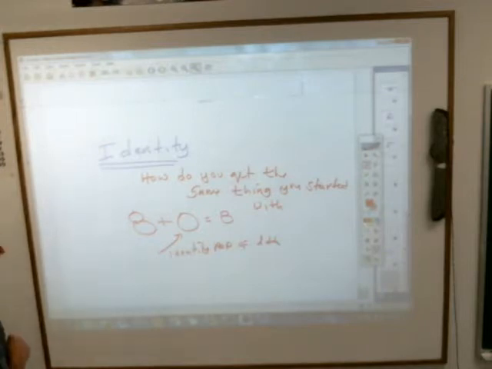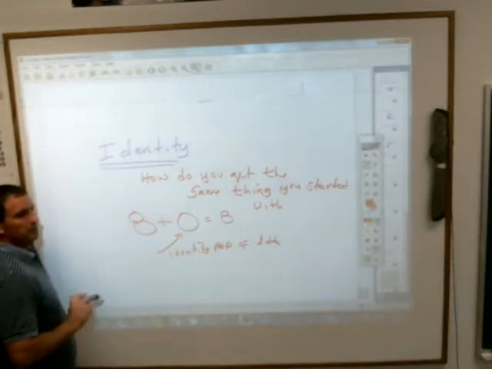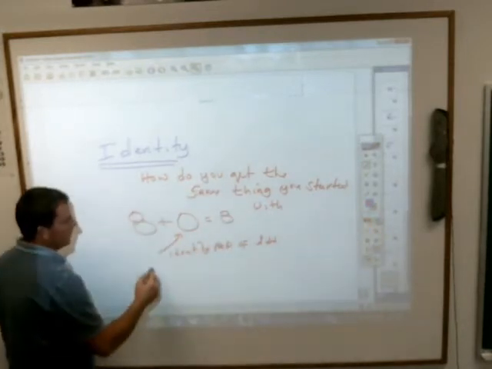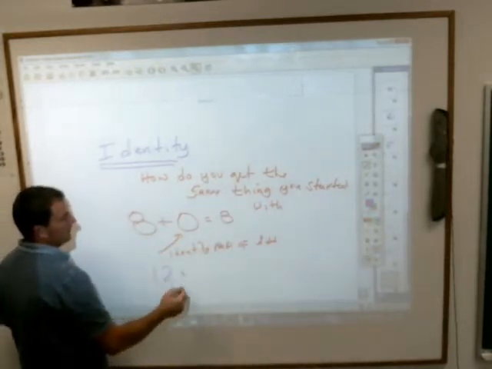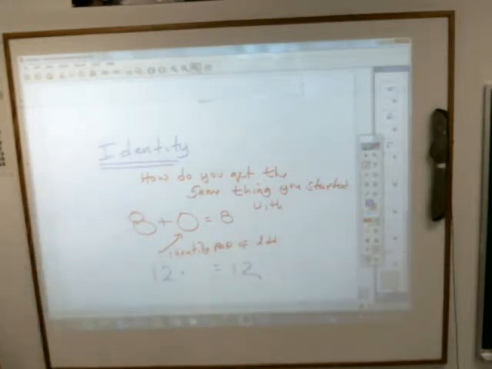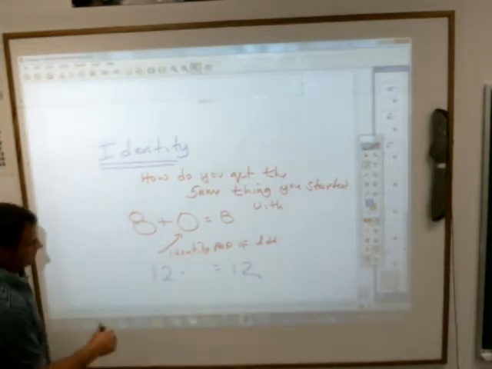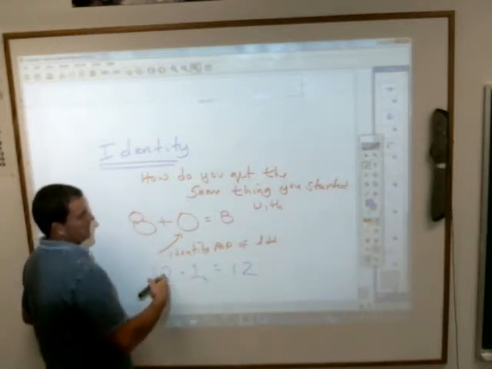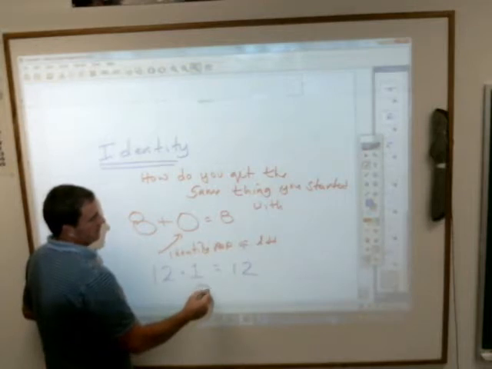Okay? Not to be confused with the identity property of multiplication. If I have 12, I don't multiply 12 by 0 to get 12. I multiply 12 by, Grace, 1. Okay, so in the identity property of multiplication, you multiply by 1.